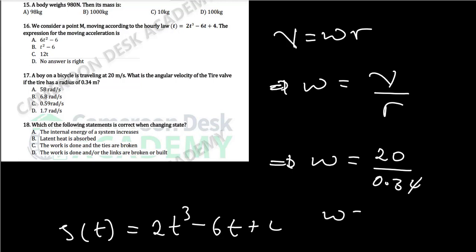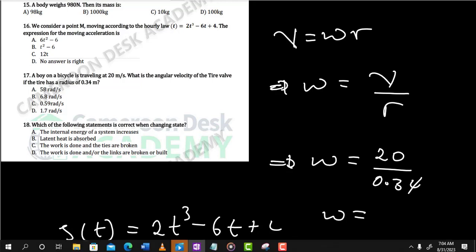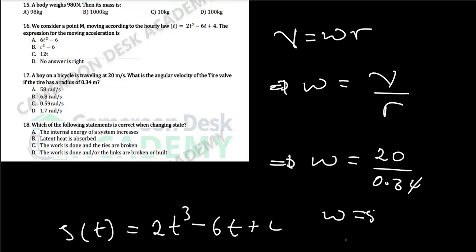Omega will be equal to 58.82 radians per second. So the correct answer will be A, though it is too far from reality.